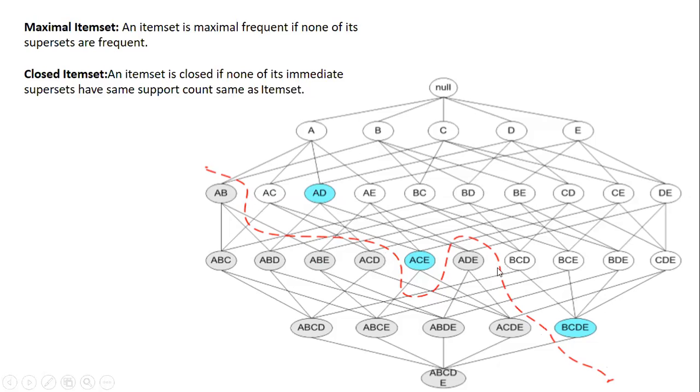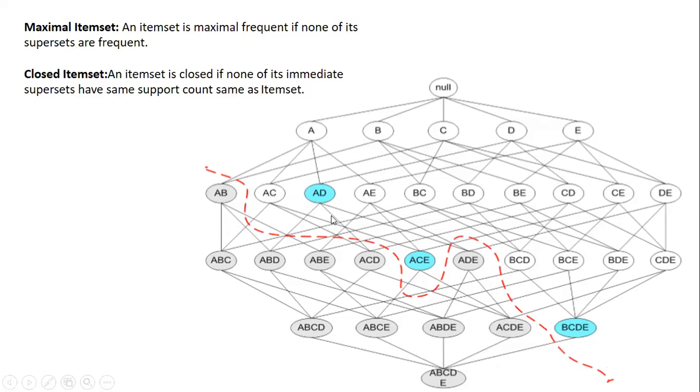The upper part is the frequent item set and the lower part is the infrequent item set. So an item set is maximal frequent if none of its supersets are frequent.